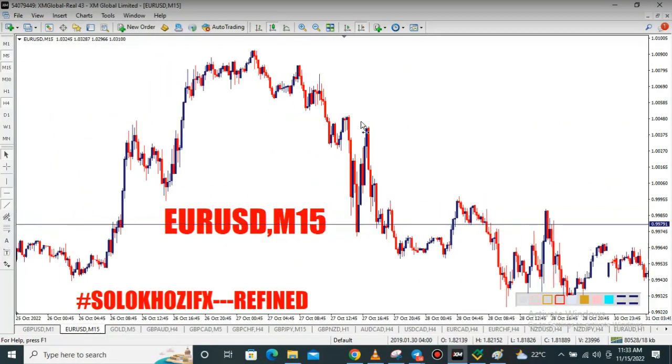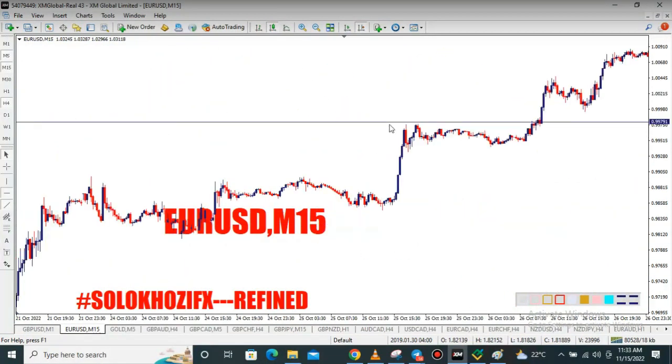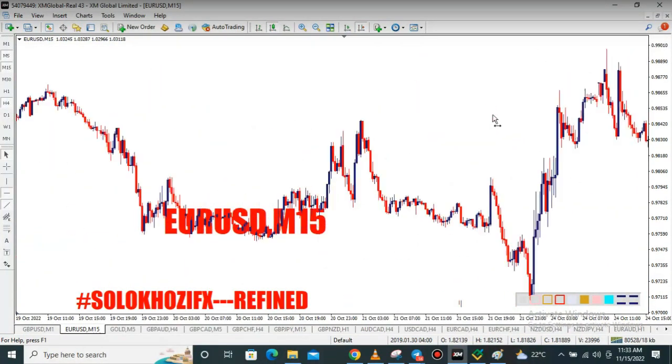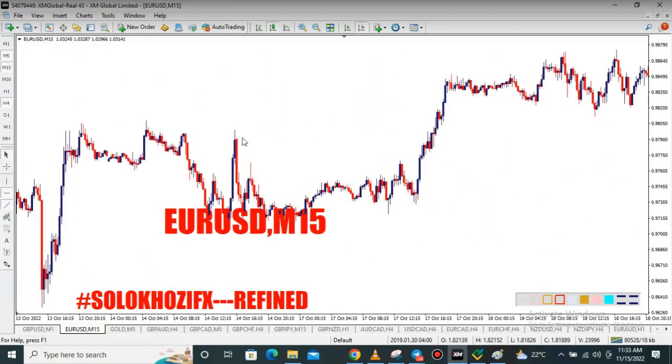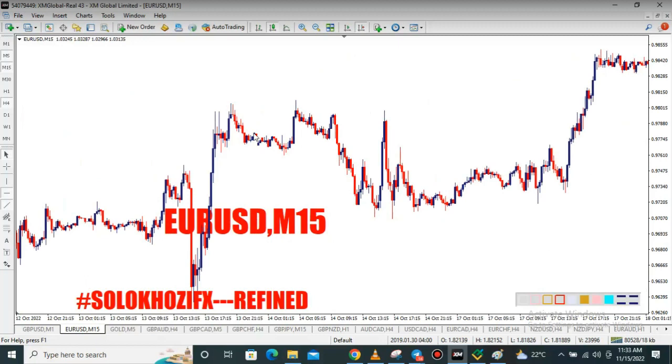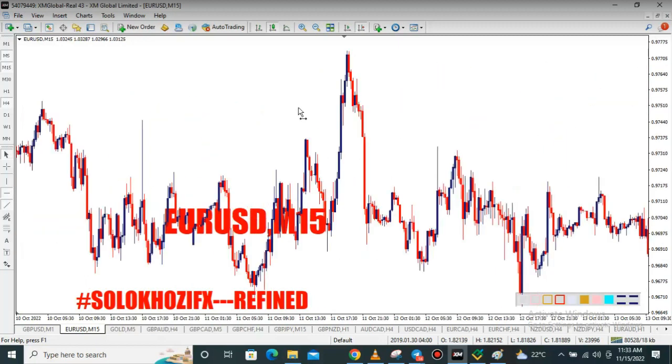So even if you find your bearish engulfing, make sure that you double check your zones properly before going for them.